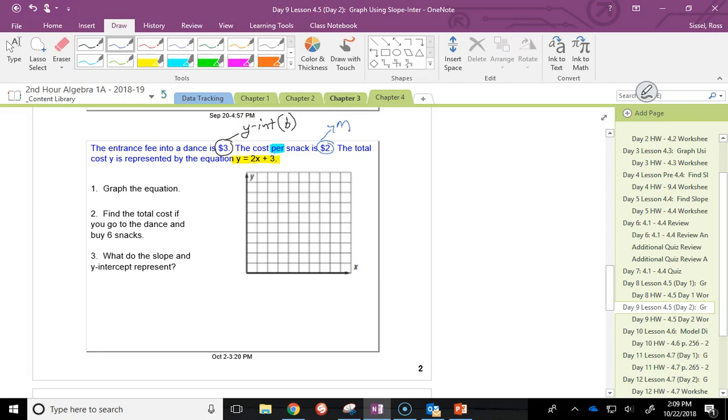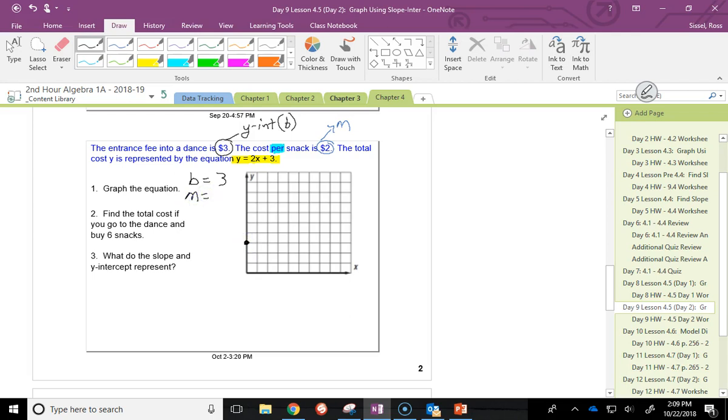Now we're going to go ahead with number 1, and it says graph the equation. Okay, so it shouldn't be too hard for us to do. We know that my y-intercept is the first thing I want to know. My y-intercept is 3. So I'm going to go 1, 2, 3. I'm going to go ahead and graph that right there. And then I want to write down my slope.